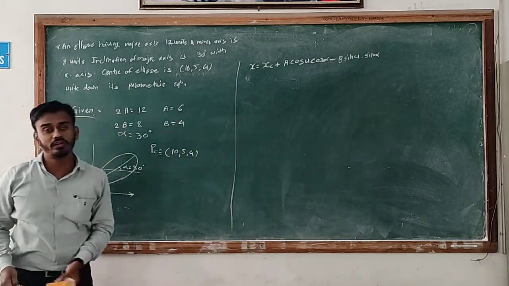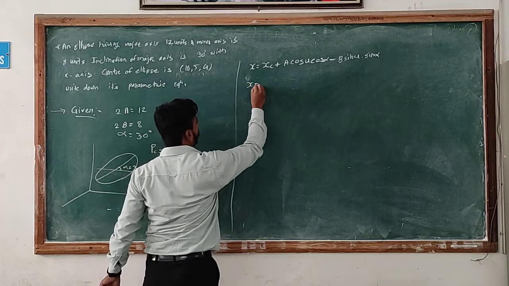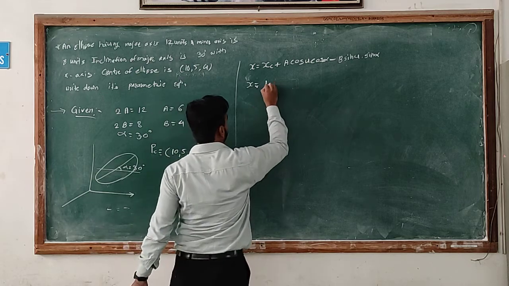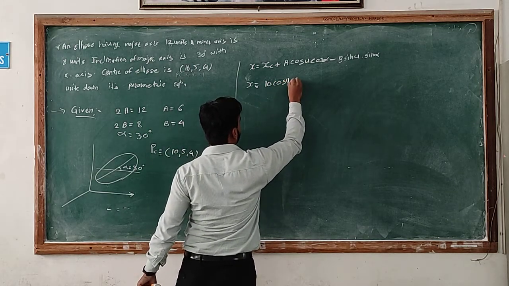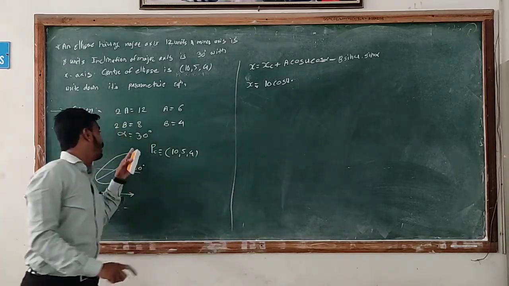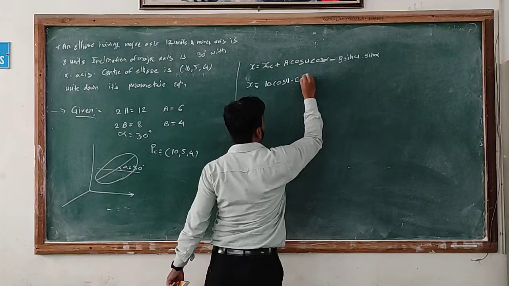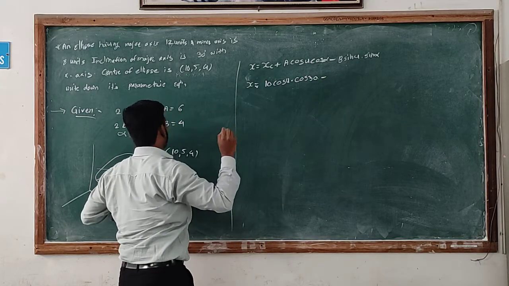So put the values here. What is the value of xc? xc is 10. What is the value of alpha? Alpha is 30, so cos of 30.